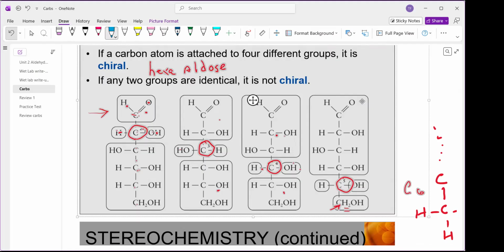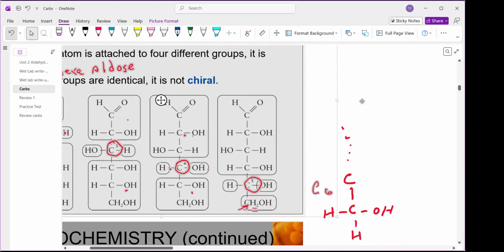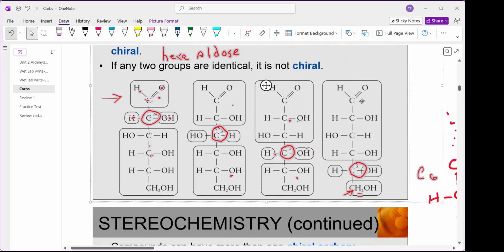And it goes on down the string till we get to the last one, which is not chiral. So it's got 4 chiral carbons. So this guy definitely exists as a D and L.